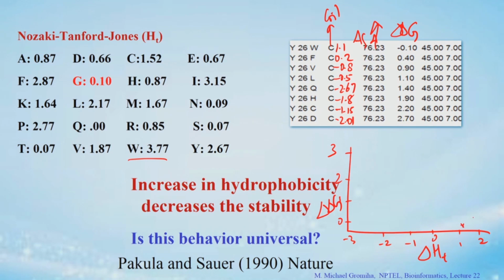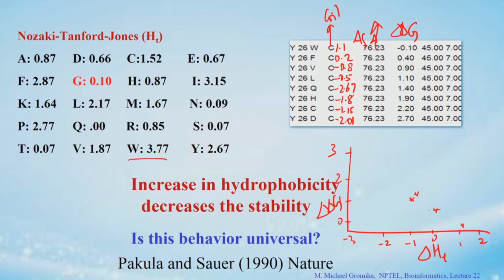The second one, Y26F, 0.2 and 0.4 on the y axis. The third, Y26V, minus 0.8 and 0.9. Y26L, minus 0.5 and 1.1, somewhere here.